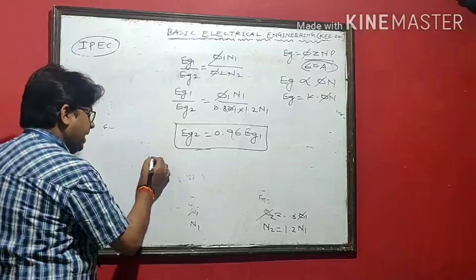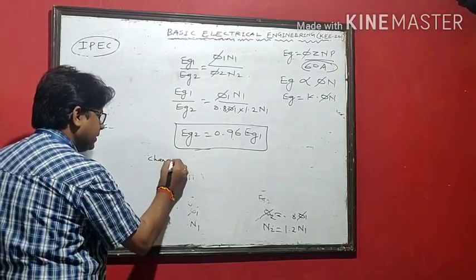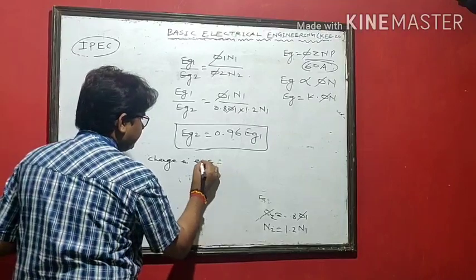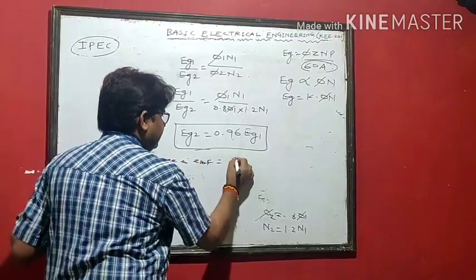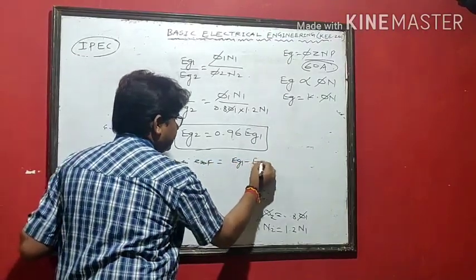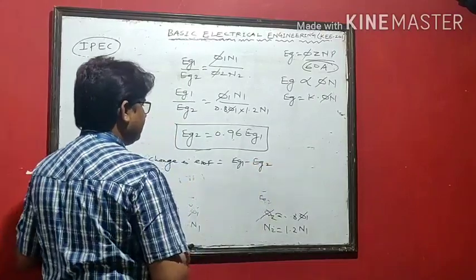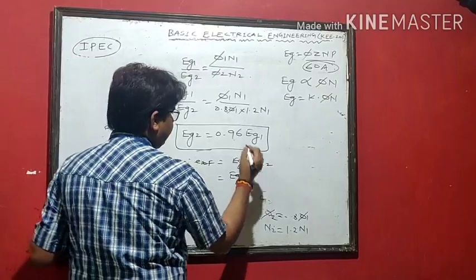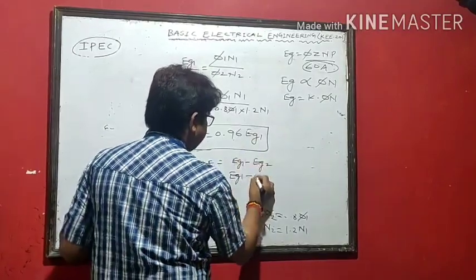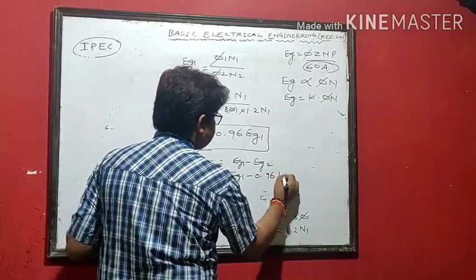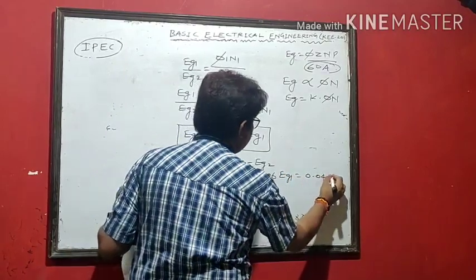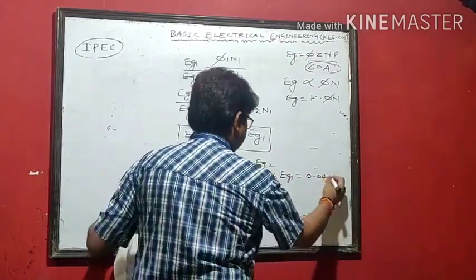That is 4% from this equation. The change in EMF is EG1 minus EG2, that is EG1 minus 0.96 EG1, which is 0.04 EG1.